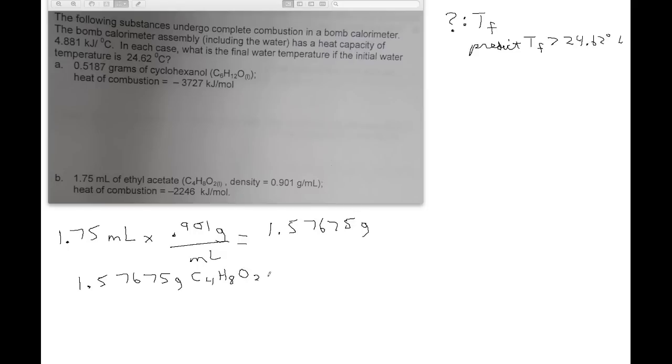And that's equal to 0.02 moles combusted. So we take 0.02 and multiply it by the heat of combustion, negative 2246 kilojoules per mole. And that's equal to negative 40 kilojoules of heat released.